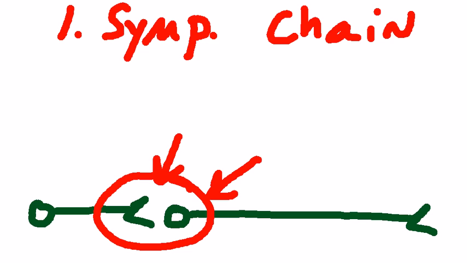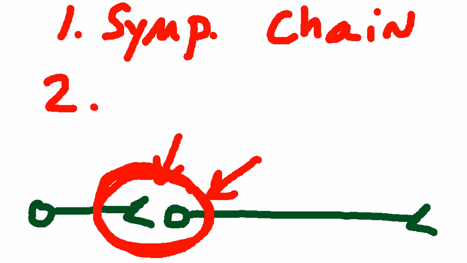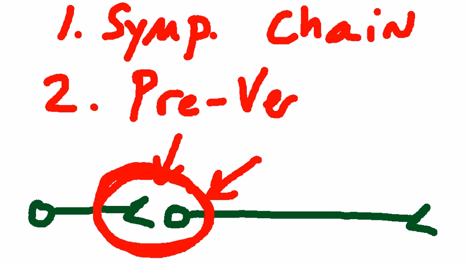So this ganglion here could either be located in the sympathetic chain, in what we call a sympathetic chain ganglion, or it could be located in a special set of other sympathetic ganglia called pre-vertebral ganglia.